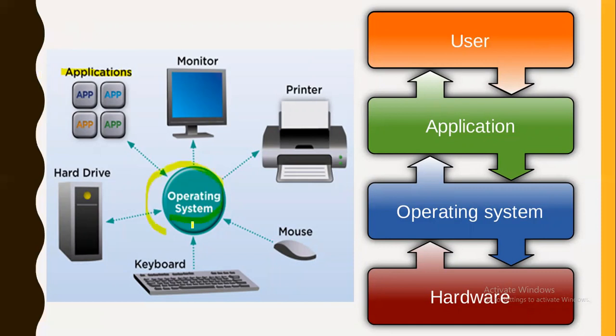Operating system interacts with all these components, either hardware or software. These are the hardware components or the hardware resources of a computer, and the word application is written, which means that it is the software part of a computer. So through this picture, you may get the idea in a much better way that operating system is controlling all the components, either hardware or software.